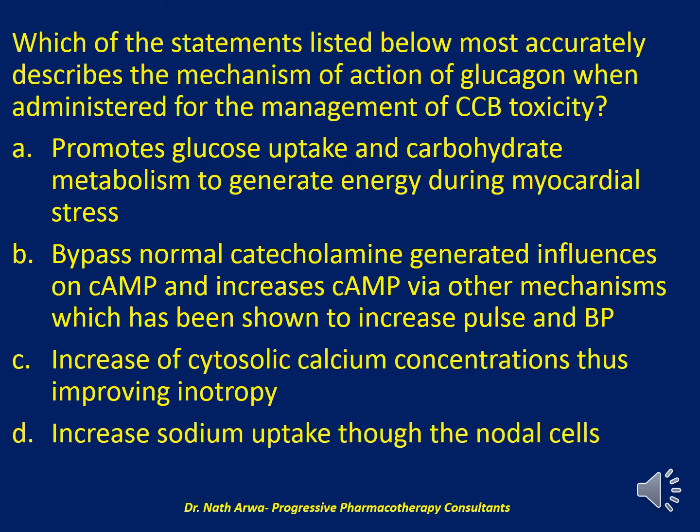Or is it true that it increases cytosolic calcium concentrations, thus improving inotropy? Or does it increase sodium uptake through the nodal cells? I'll give you 10 seconds to choose the correct answer.